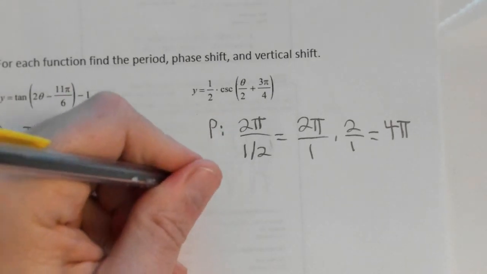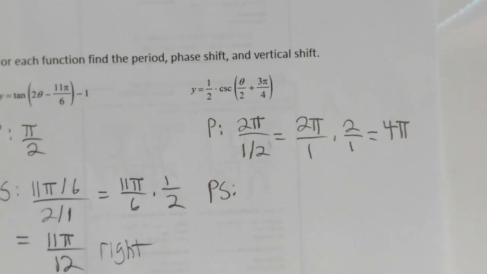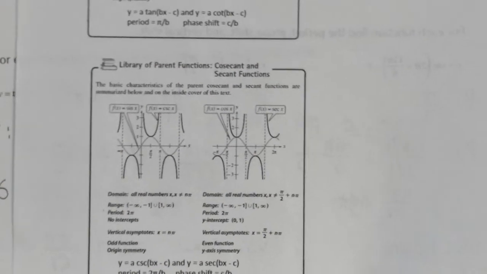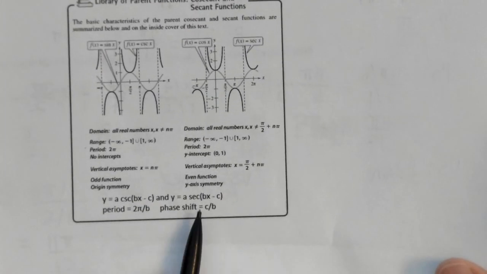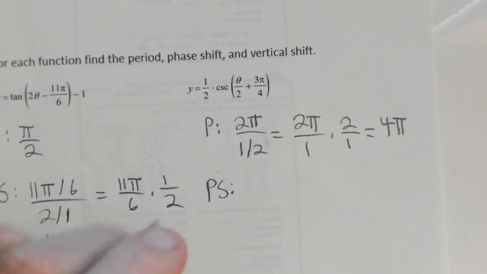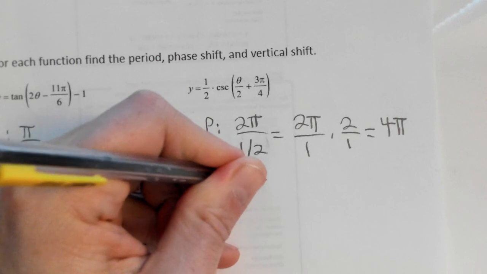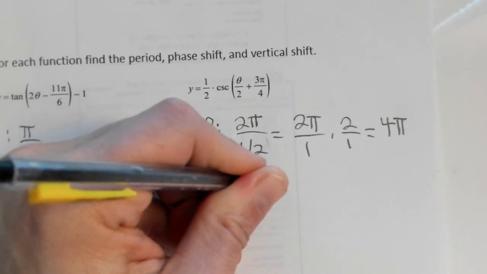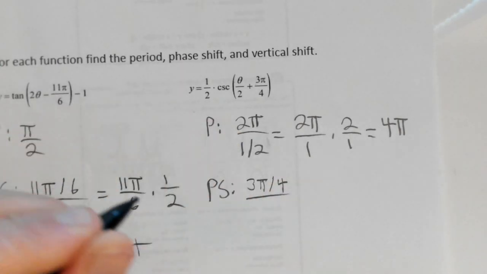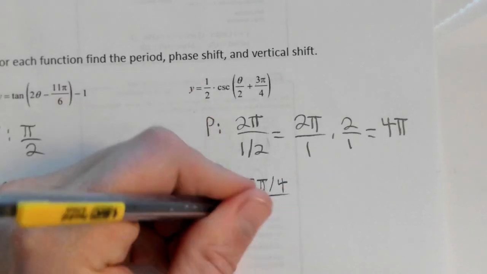We need the phase shift. And my phase shift now, remember, is still going to be C over B. Right? And so my C here in this case is going to be 3 pi over 4. I know it's a fraction divided by a fraction, so I'll go ahead and write them like this. And my B here is 1/2.